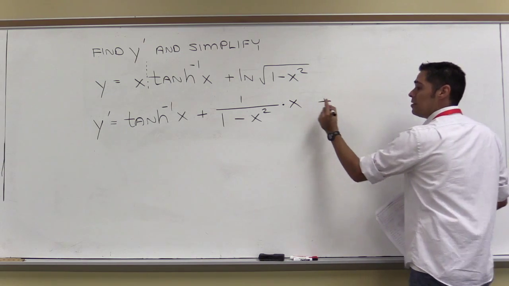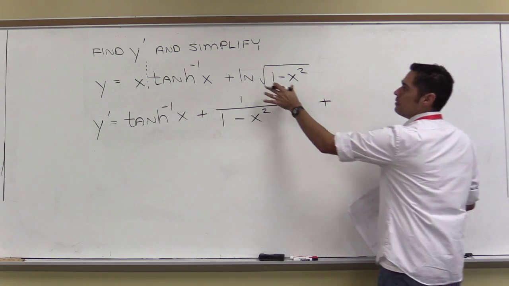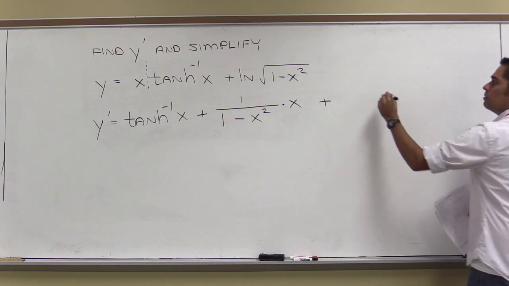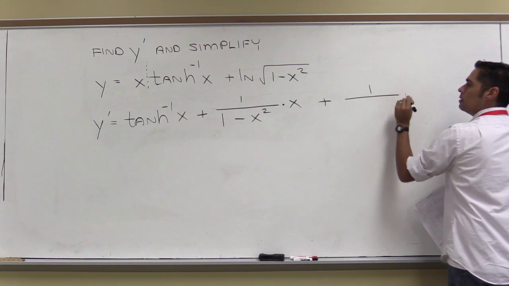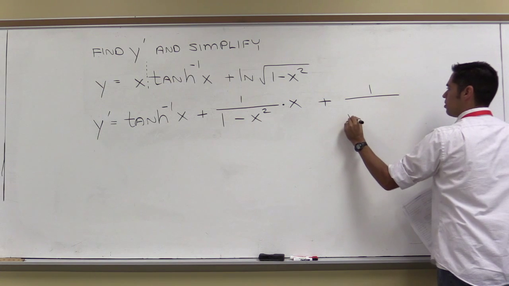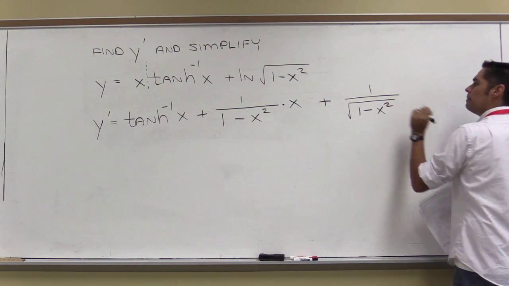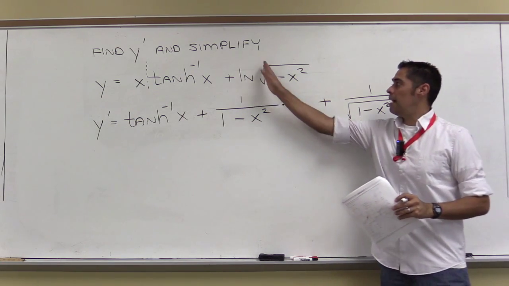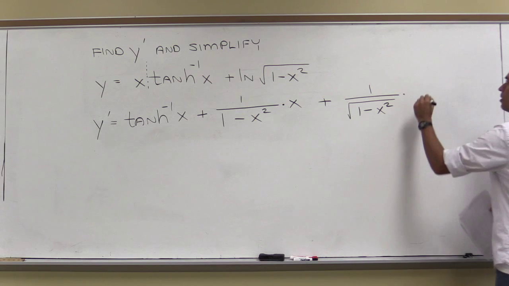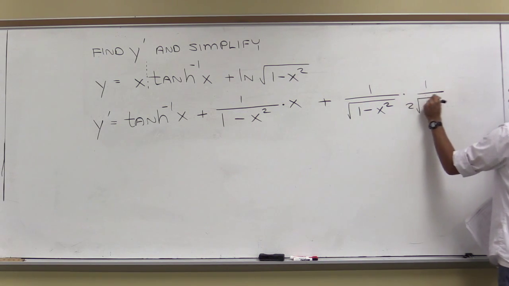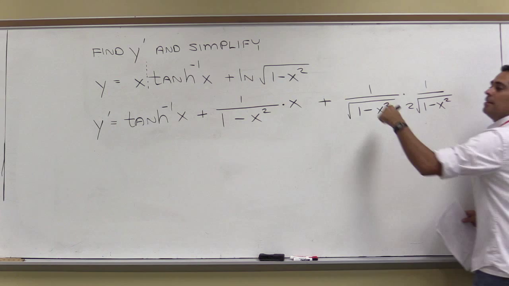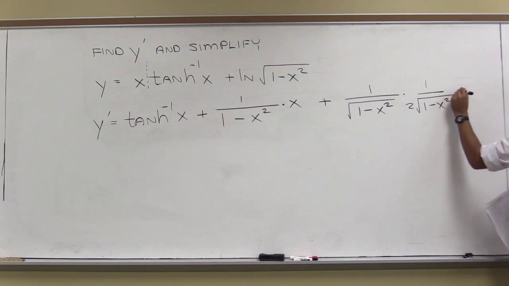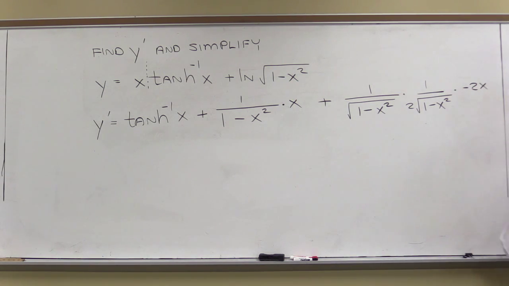Now I move on plus, not times, the derivative of natural log of the square root. So 1 over just the square root of 1 minus x squared, then times the derivative of what's in the natural log. So the derivative of a square root of something is 1 over 2 roots of 1 minus x squared. Then the derivative of what's inside, which is negative 2x. These twos cancel, right?